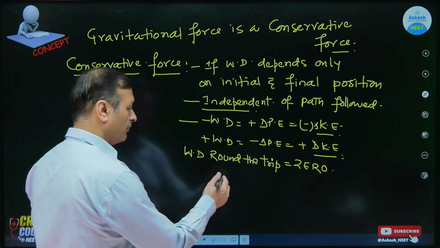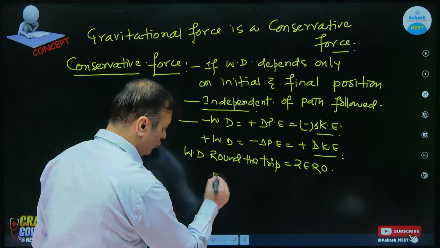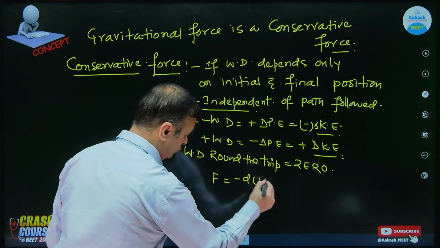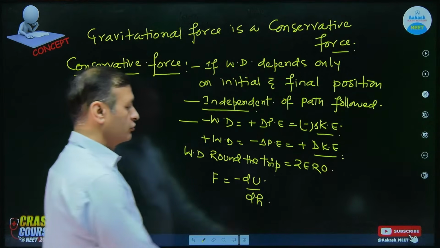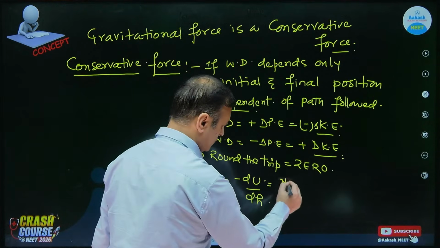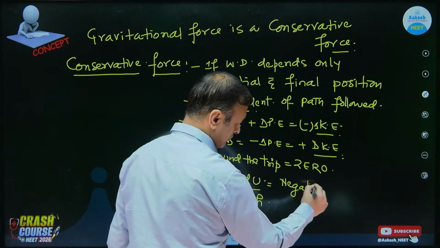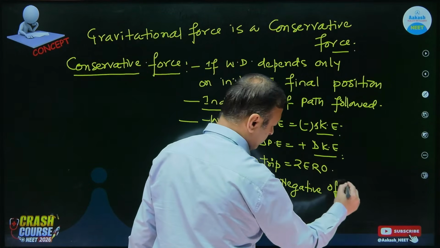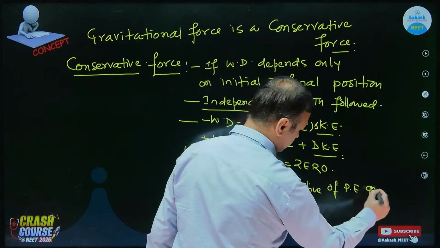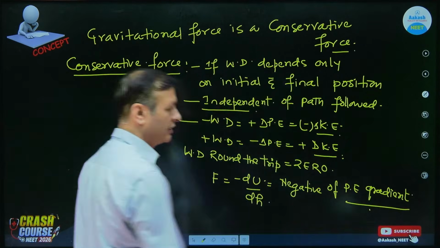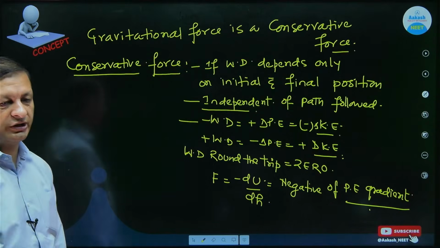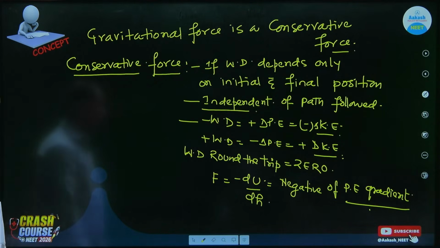So there is another property. A conservative force is the negative of the potential energy gradient. So conservative force is the negative of the potential energy gradient. Got it or not?